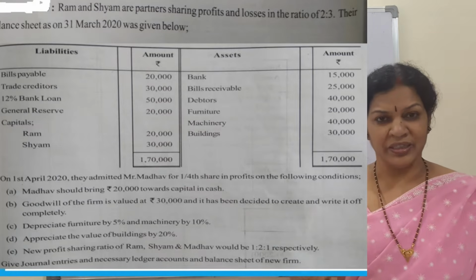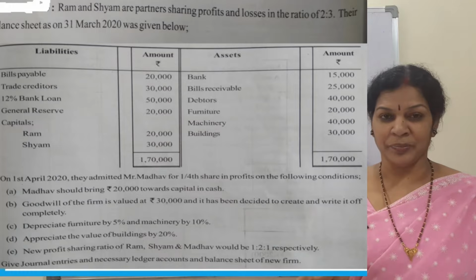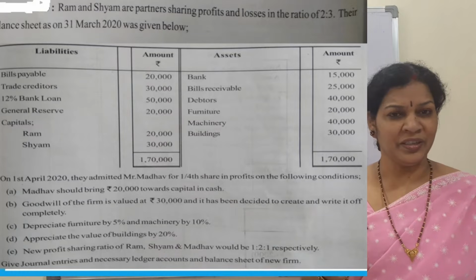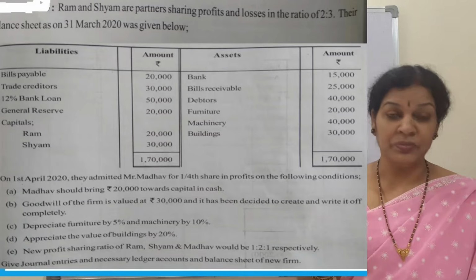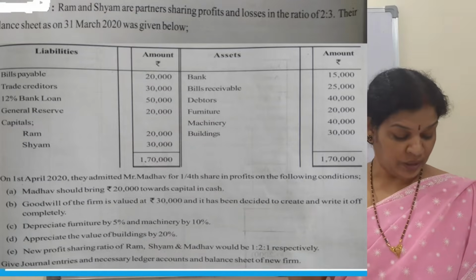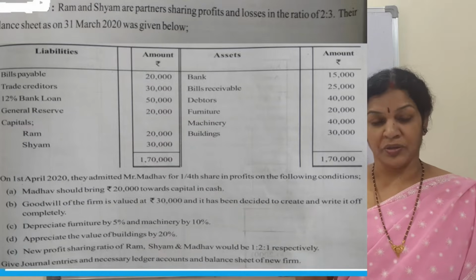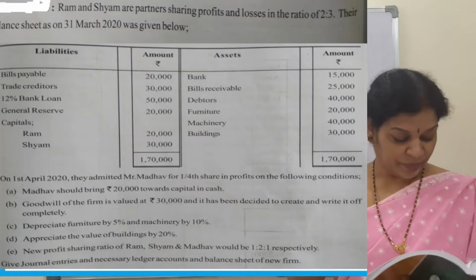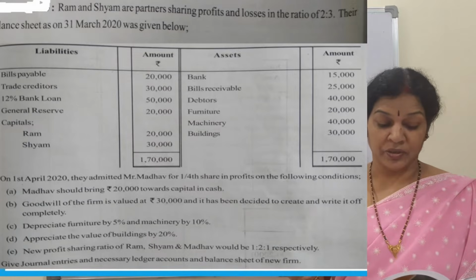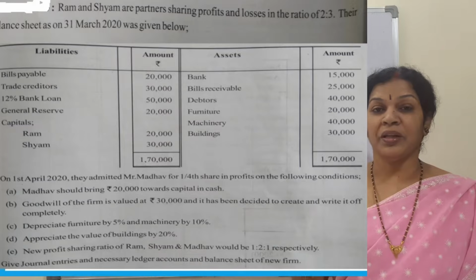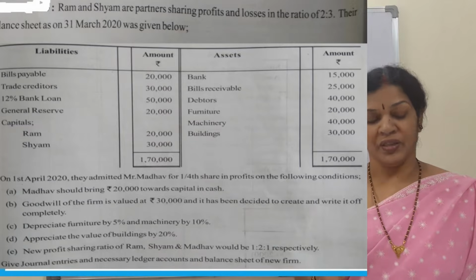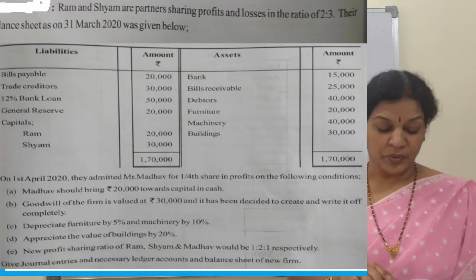As I told you, we'll create 30,000 and then write off. Creating: goodwill account debit to Ram's account, Shyam's account. For writing off: Ram's account debit, Shyam's account debit, Madhav's account debit to goodwill account as per the new ratio. Now the second point is over.